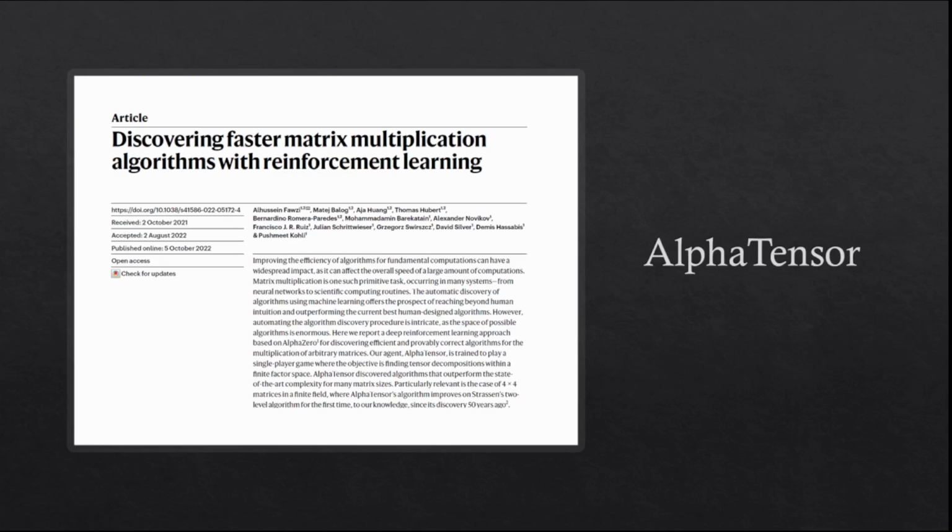One of those is discovering faster matrix multiplication algorithms, as described in this paper on a model called AlphaTensor. This is very interesting for me because I learned reinforcement learning mostly in game-like environments, which I am intuitively familiar with, not something like this.